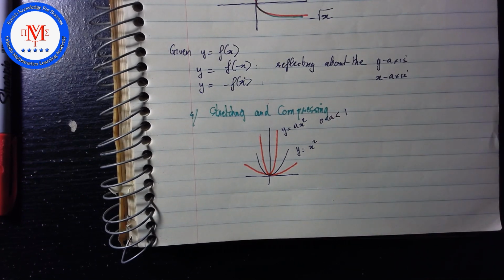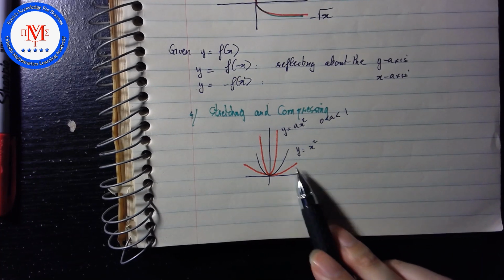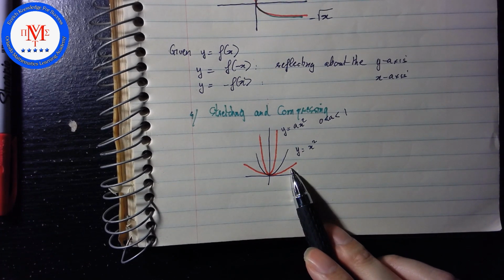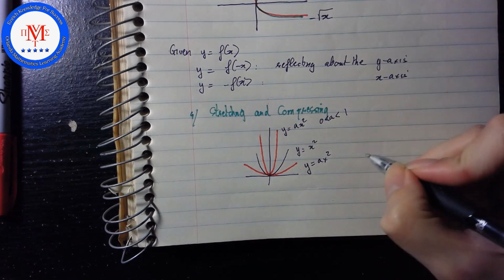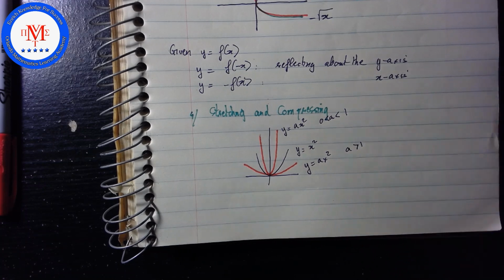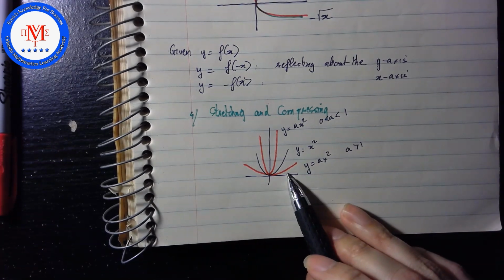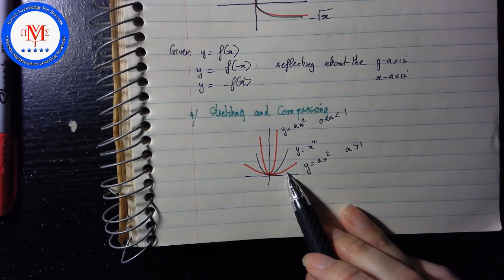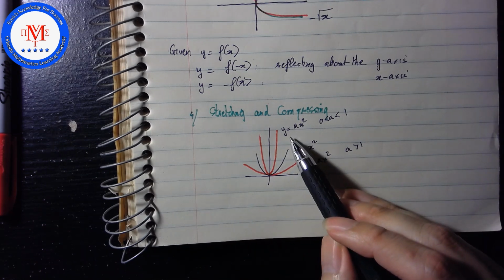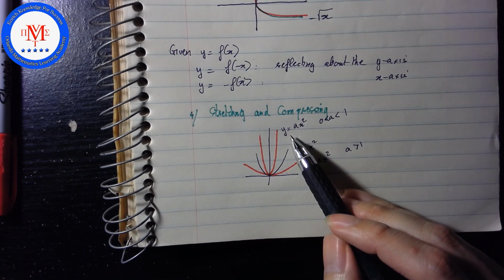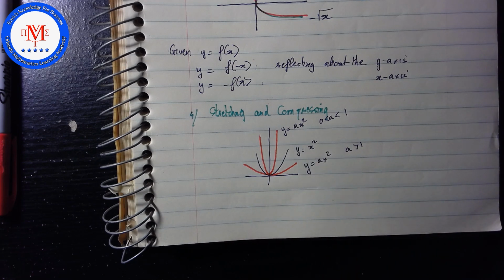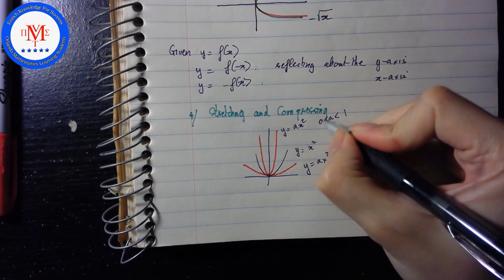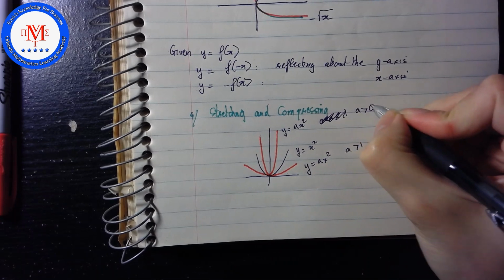And in order to obtain this function, the new function must be in the form y equal to ax squared, but a is greater than 1. For example, y equal to 3x squared, and this one, for example, y equal to 1/2 x squared. I'm sorry, a greater than 1 for the stretch, and between 0 and 1 for the compression.